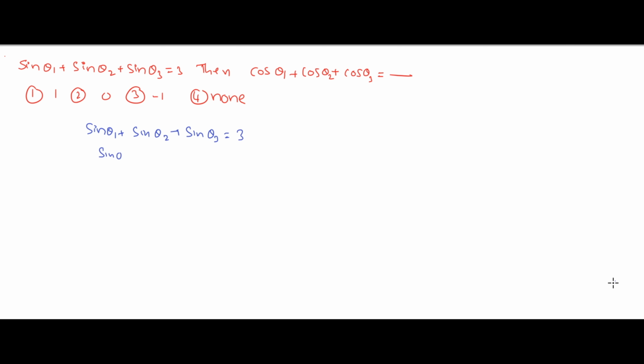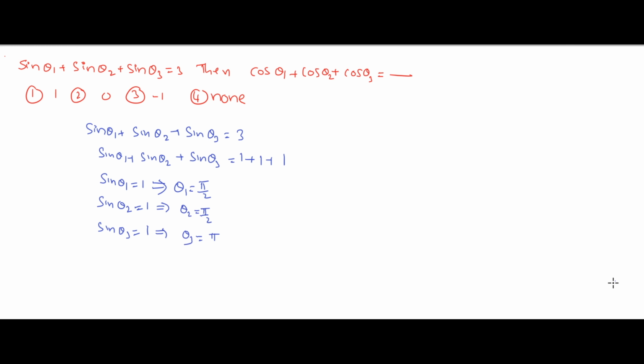This is written as 1 plus 1 plus 1, that is sin theta 1 is equal to 1 and sin theta 2 is equal to 1 and sin theta 3 is equal to 1. Sin theta 1 is equal to 1 means theta 1 is equal to 90 degrees, that is pi by 2. Sin theta 2 is equal to 1 means theta 2 is equal to pi by 2. Sin theta 3 is equal to 1 means theta 3 is equal to pi by 2.